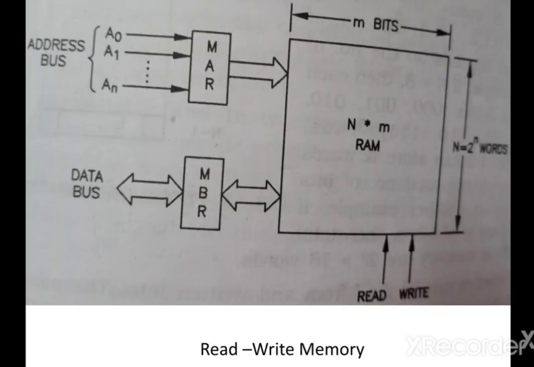Next, this is the structure of read-write memory. In this structure, the read-write memory contains N words and M bits, and it also has both read and write signals. These two signals are used for the read and write modes of memory. Then it also contains the MAR, that means memory address register.